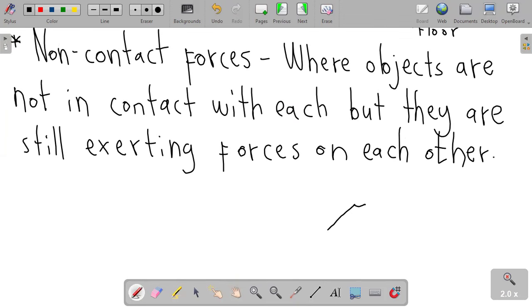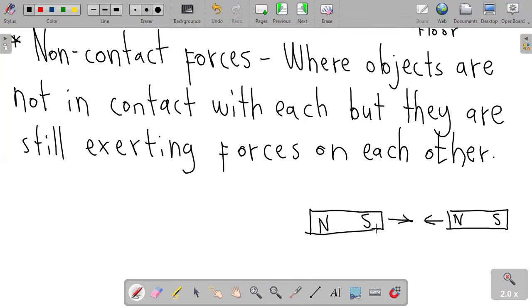Say you have a pair of magnets, and you have a north and south pole in each case. So there will be a pulling force, or you can say a force of attraction.